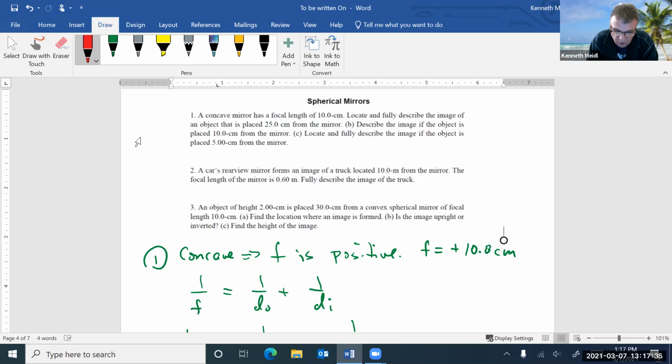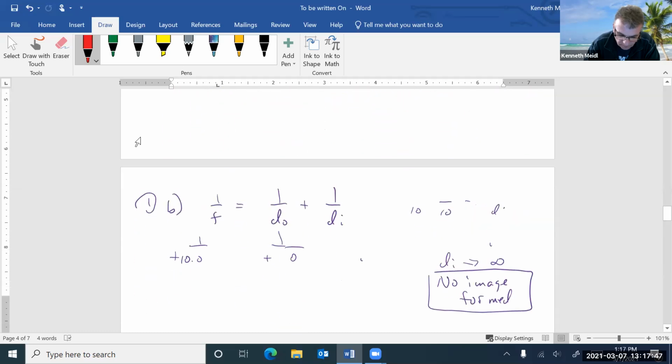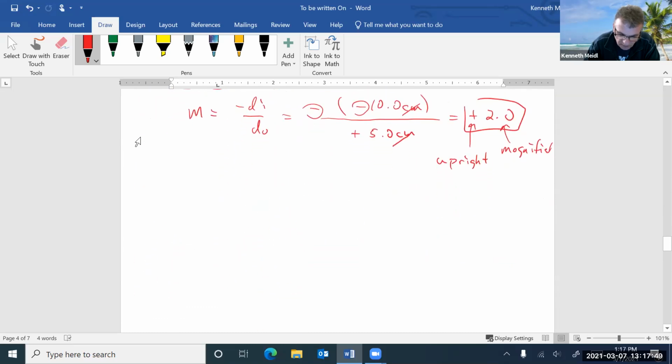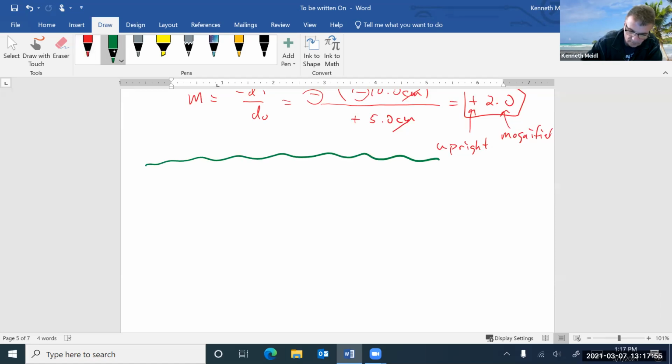Okay, so the truck is located 10 meters from the mirror, and this rear view mirror is forming an image of it. So I've got 10 meters, and I've got a focal length of 0.6. Okay, so let me get some space down here to write on. Now a rear view mirror.